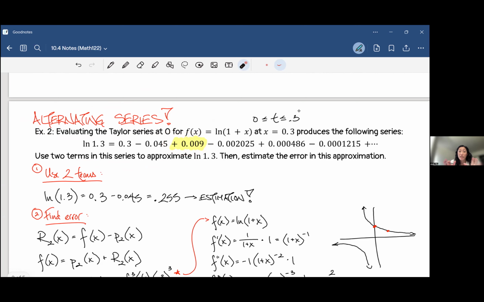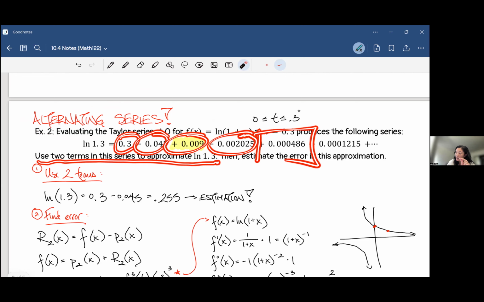So in other words, if I wanted to use 4 terms to approximate, that would be 1, 2, 3, 4, and it's alternating and the numbers are getting smaller and smaller, then my error will be 0.000486.